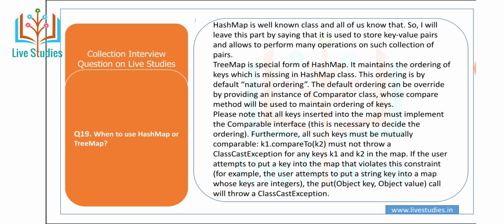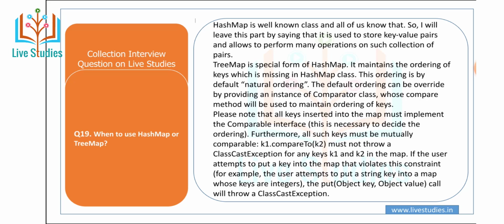Please note that all keys inserted into the map must implement the comparable interface. This is necessary to decide the ordering. Furthermore, all the keys must be mutually comparable. k1.compareTo(k2) must not throw a ClassCastException for any keys k1 and k2 in the map.